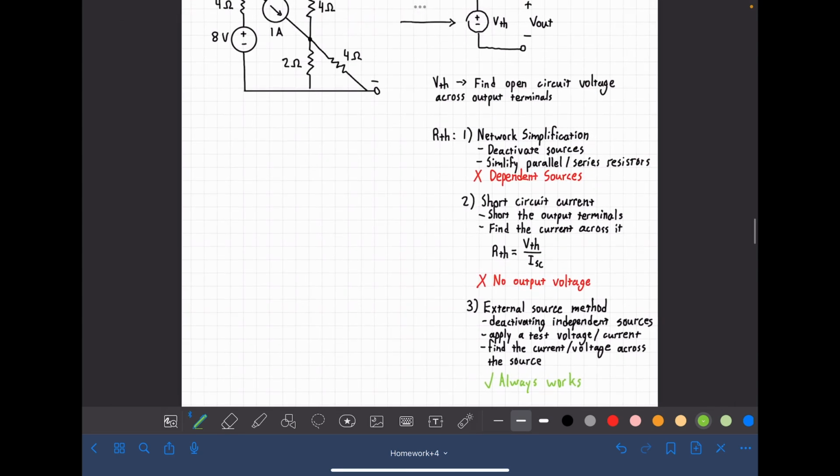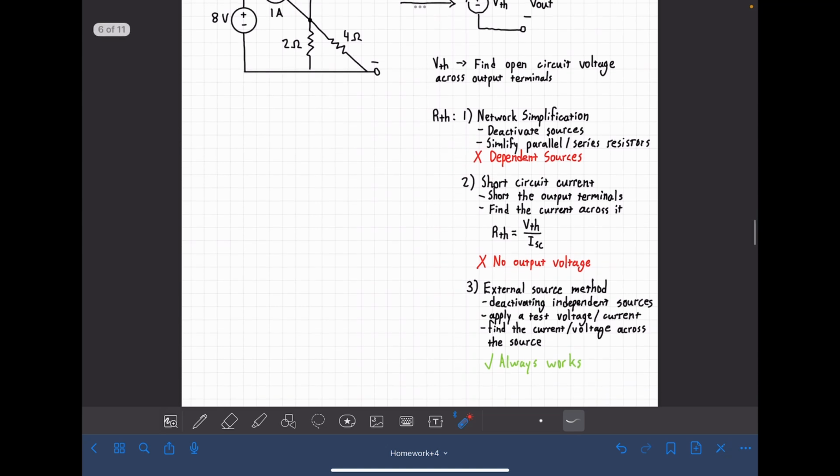So as a recap, network simplification is the simplest method, but if you have dependent sources, it's a no-go. The short circuit method is a little more complicated than resistor simplification, but you can use it with dependent sources, but you need an output voltage.